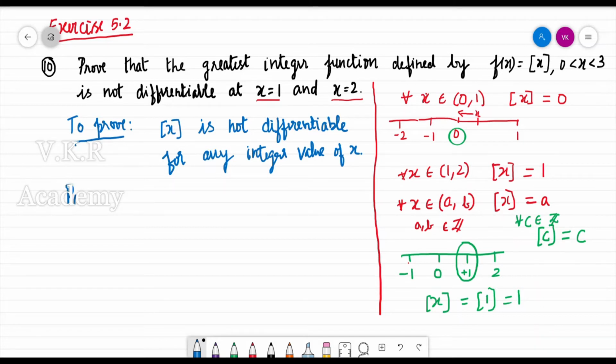Now let c be any integer. It could be positive or negative.